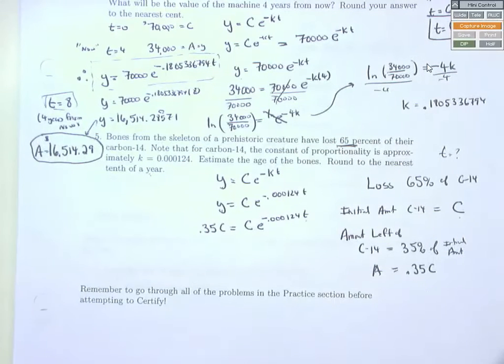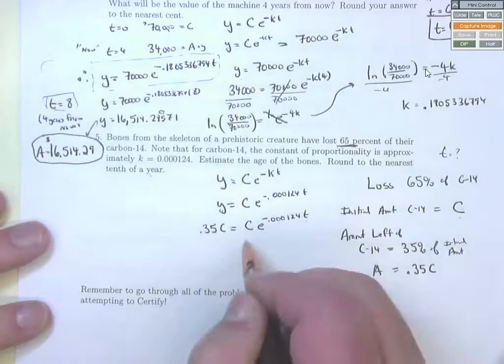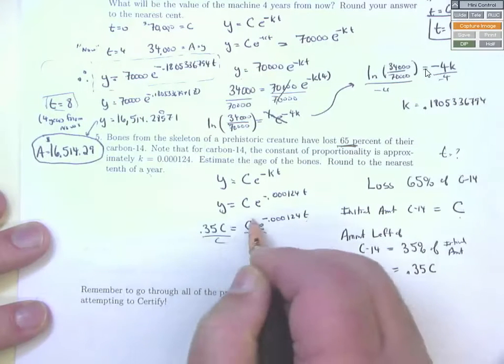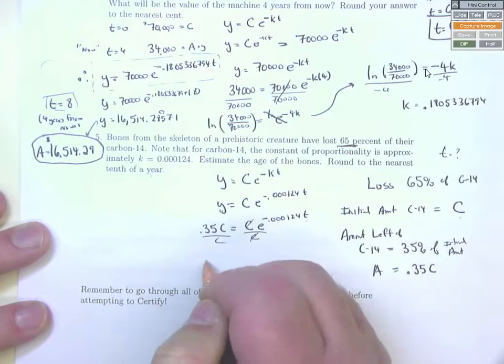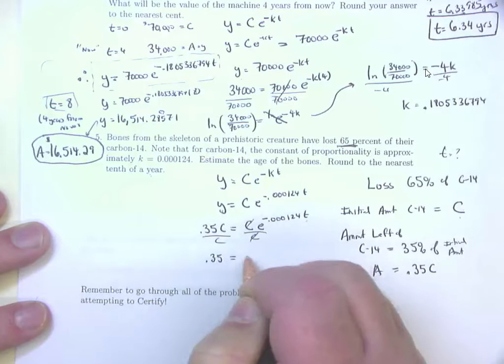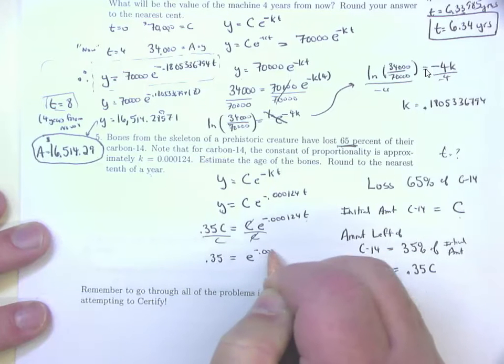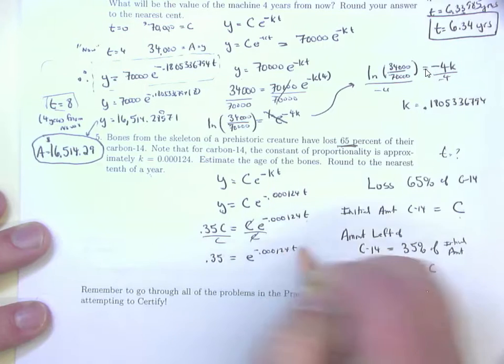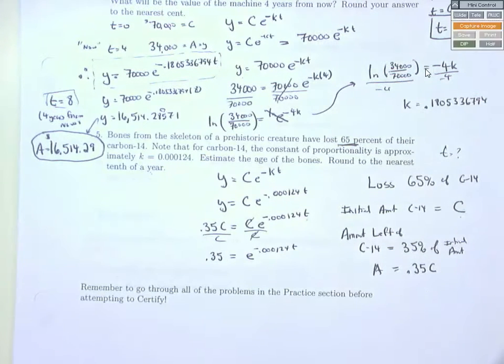So what's my first move? Well, the t is in the exponent of an e, so I got to get the e term by itself. So what's my first move? Divide by C. This cancels. That leaves me with 0.35 is equal to e to the negative 0.000124t. What's your next move? Natural log both sides.